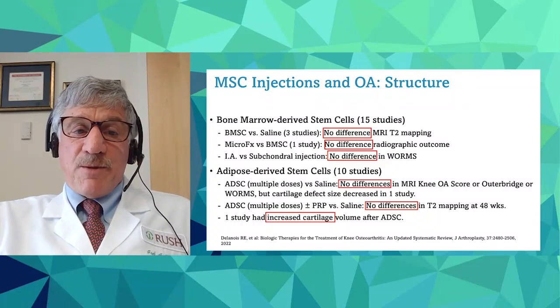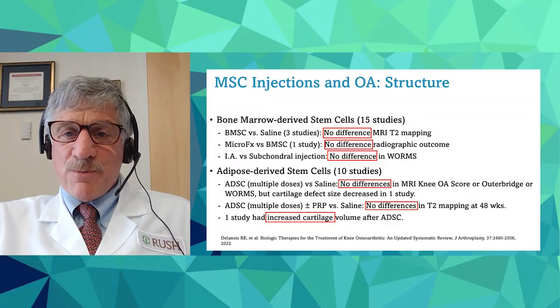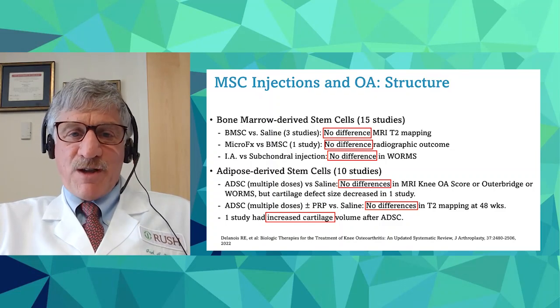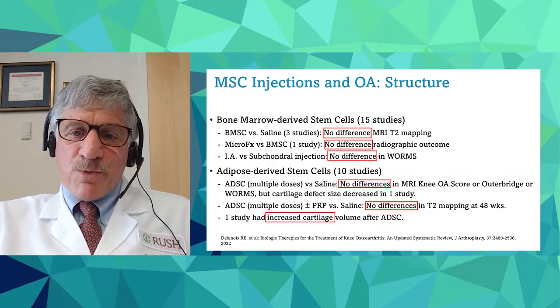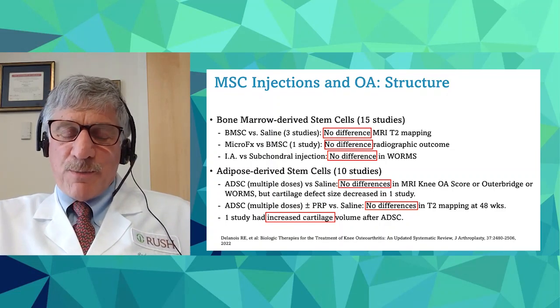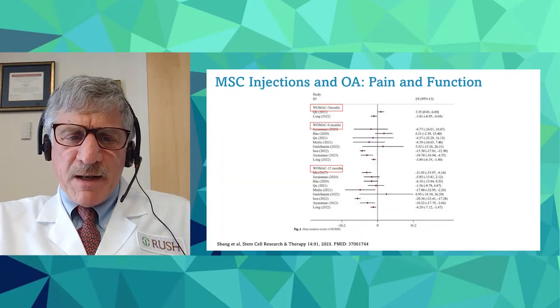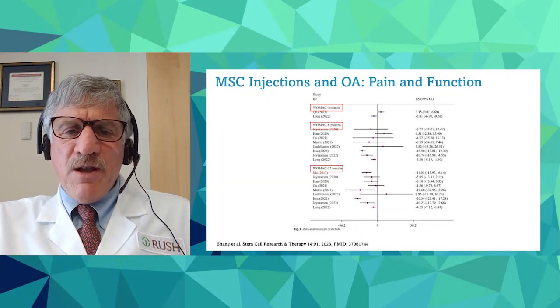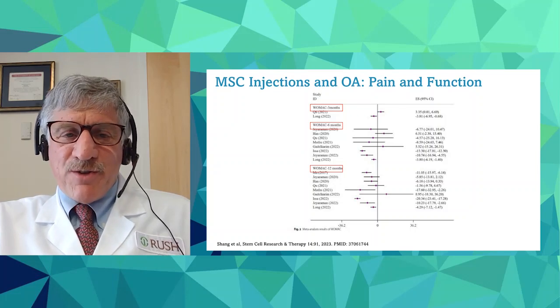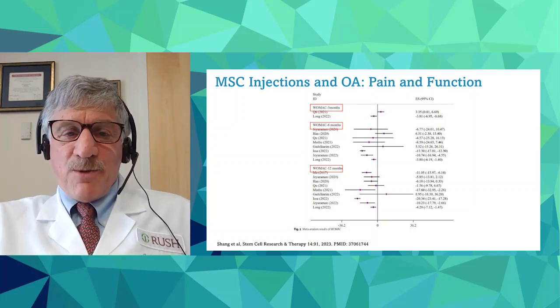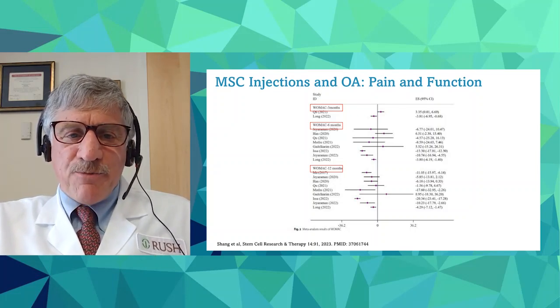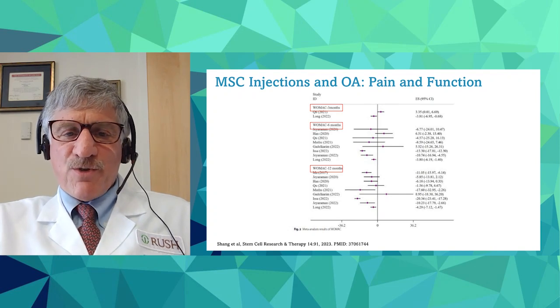And so it appears that we're not getting much structure benefit, much cartilage regeneration benefit. But the most important point for most patients is pain. How are we doing with pain? Well, a meta-analysis in 2023 revealed that there was no clear evidence of pain advantage above placebo at any time frame, at 3 months, 6 months, or at 12 months.